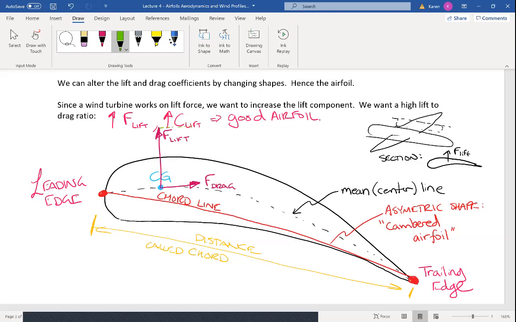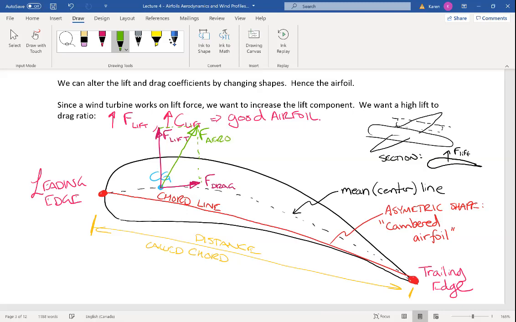And of course, the aerodynamic force is the vector sum of the two. So that's force of aerodynamics. And remember that either drag force and lift force exist, or force aerodynamic exists. All three of those would not exist together, because force of aerodynamics is equal to force of lift plus force of drag. So mathematically, you would be showing one or the other.